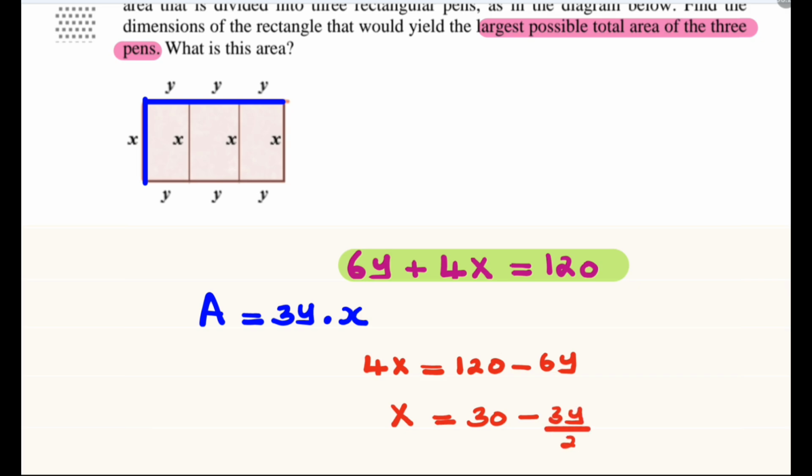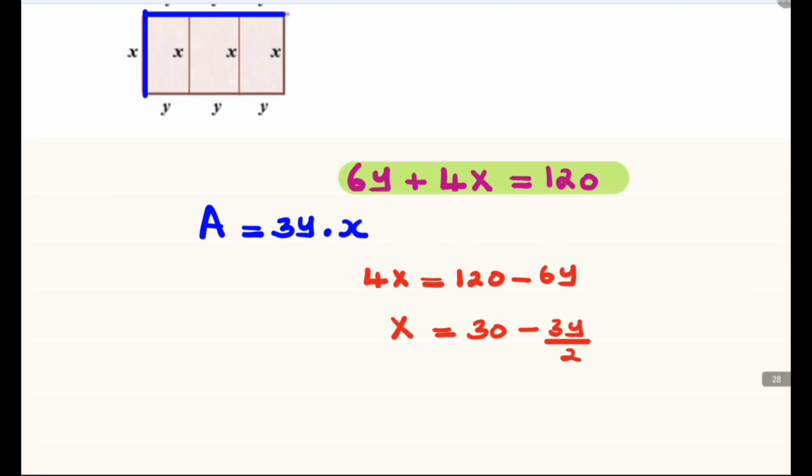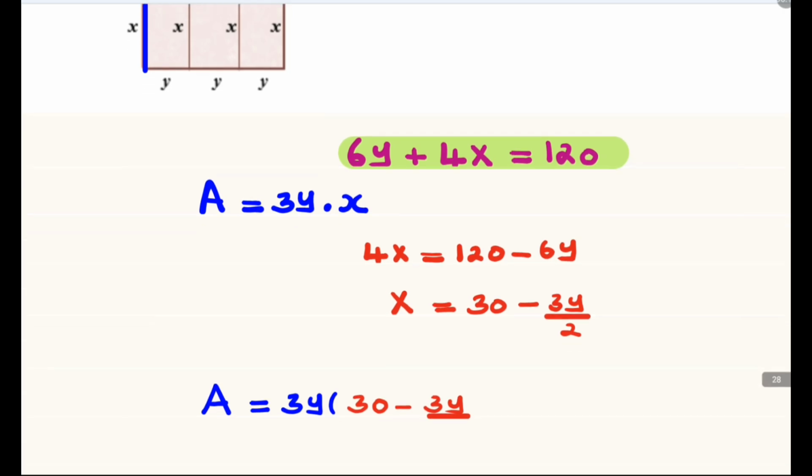divided by 2. We substitute the x into that formula for area, and our area will be equal to 3y multiplied by, in the place of the x, 30 minus 3y divided by 2.